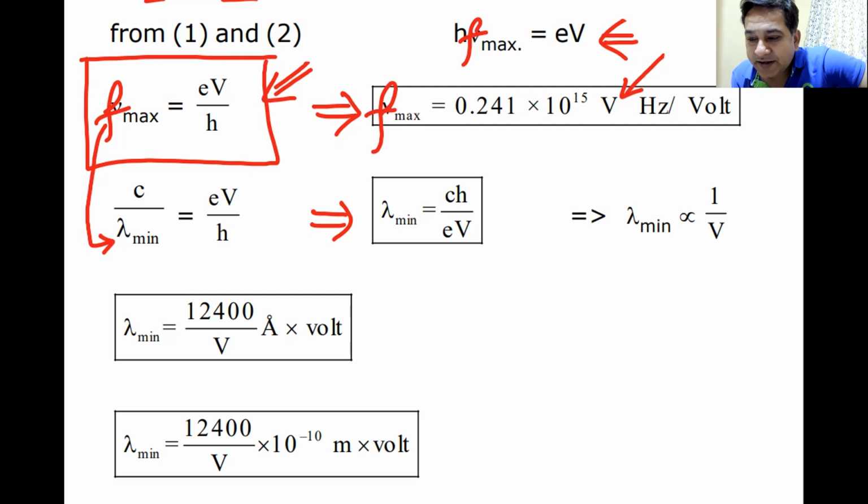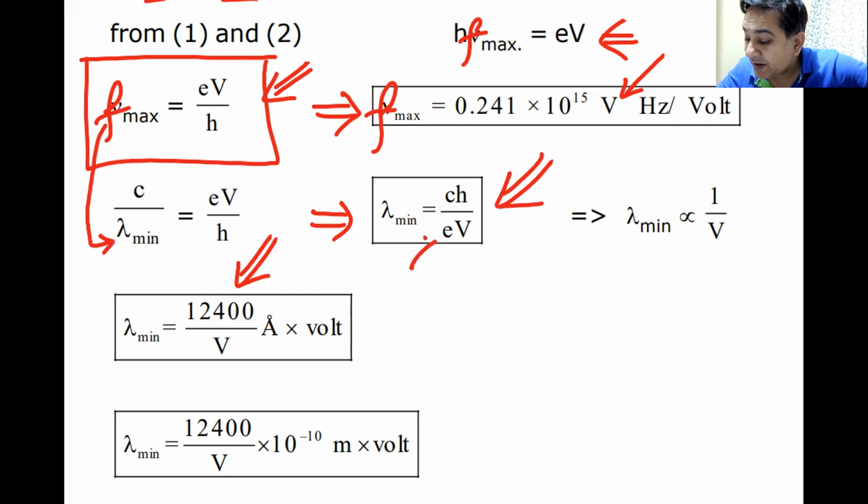And as soon as we get hc by e, we arrive at that 12,400 figure.